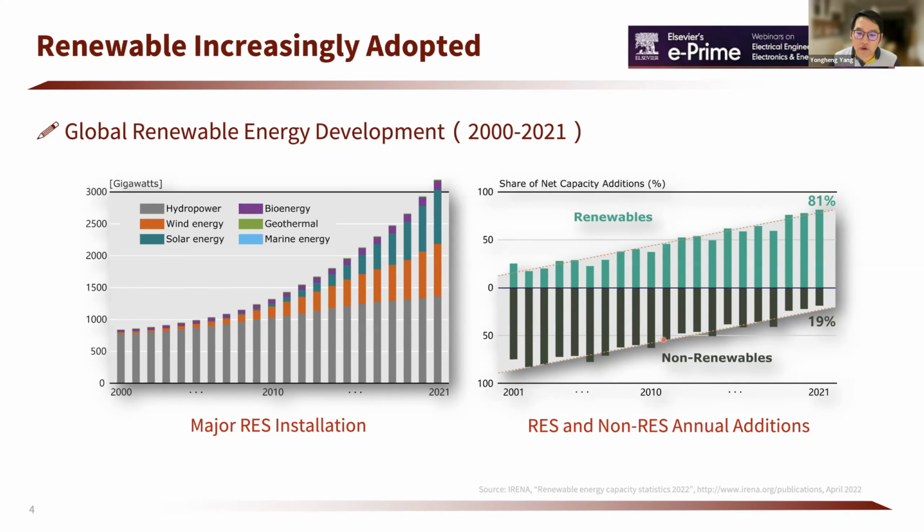And then furthermore, when we look at the renewable and the non-renewable annual additions in the past two decades, we also see that the non-renewable installations have been significantly reduced, and instead the renewable installations have been significantly increased.